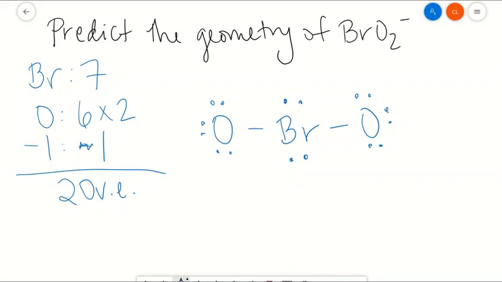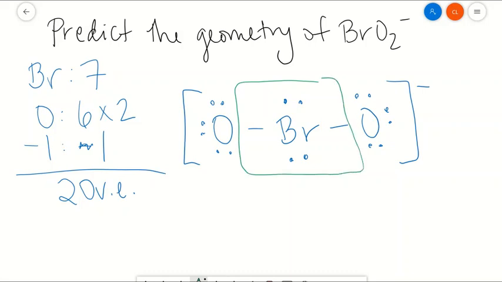It looks good. Keep in mind for those ions, we have to put it in brackets and put the charge. All right, so now we're going to ask those same questions that we were asking. And again, we're just looking right around that central element. So how many total electron groups do you see? 4 electron groups.